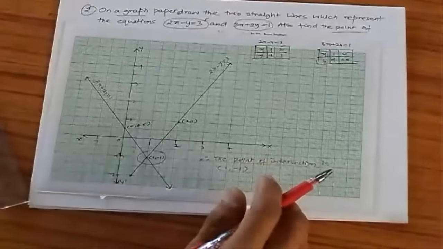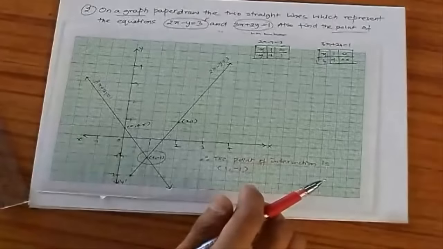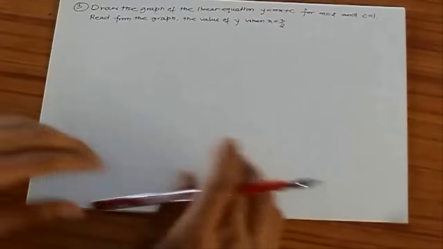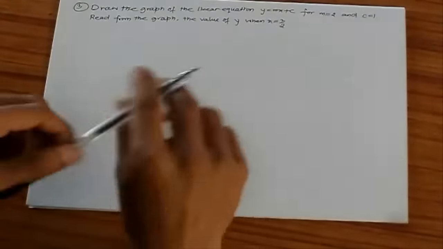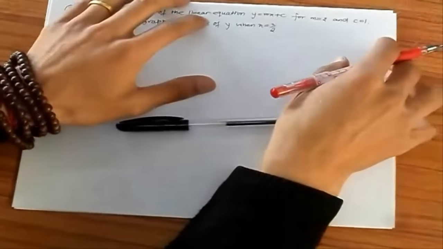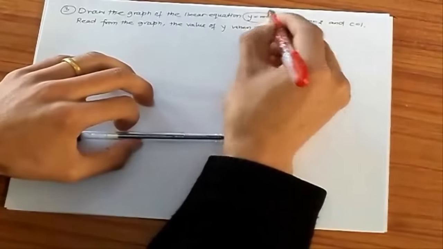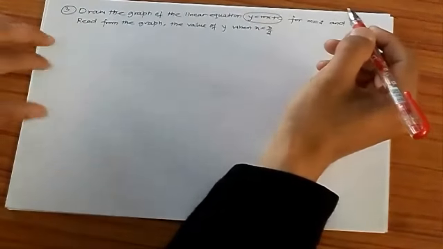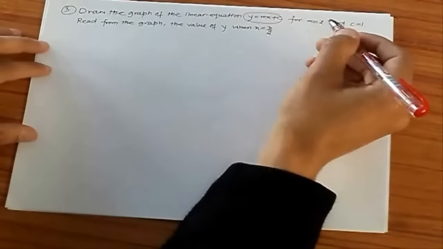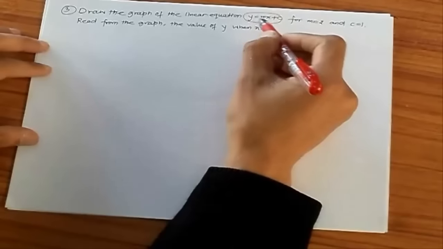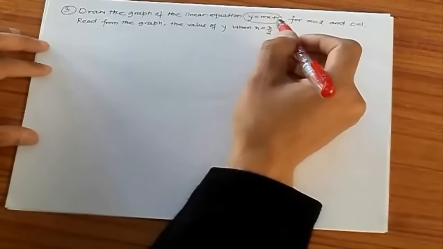Now let's do another type of graph. Draw the graph of the linear equation y equals mx plus c. Here we need only two variables, but here we are seeing 4 different letters.